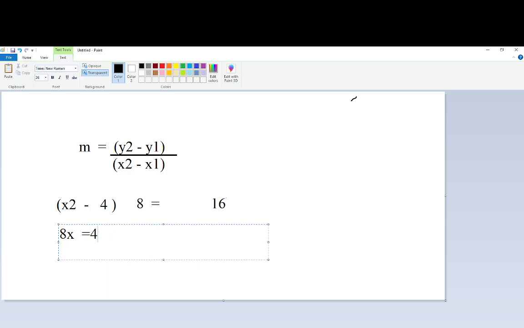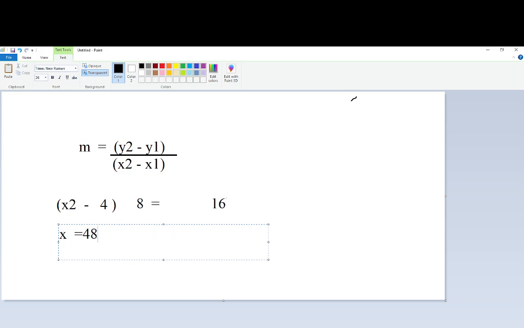We're going to divide both sides by 8. 48 divided by 8 is not a clean number, I don't think. 16, 32, 40... 48, oh, it is, my bad. It is not 8, it is 6. So that means x2 is 6.